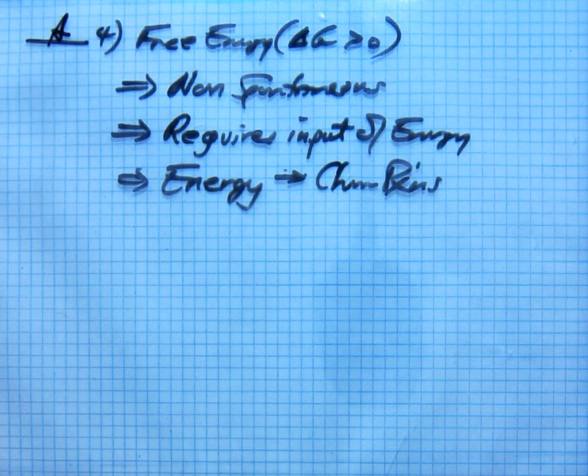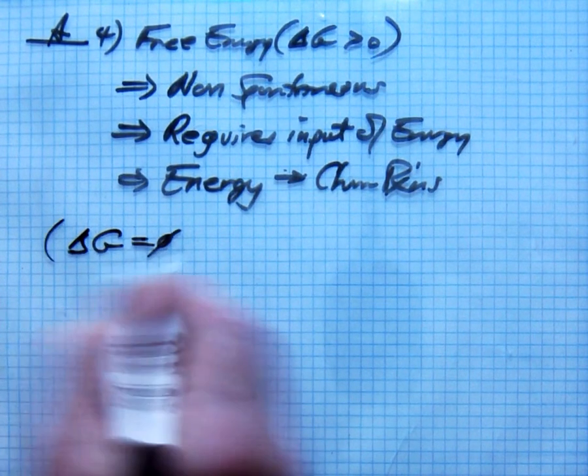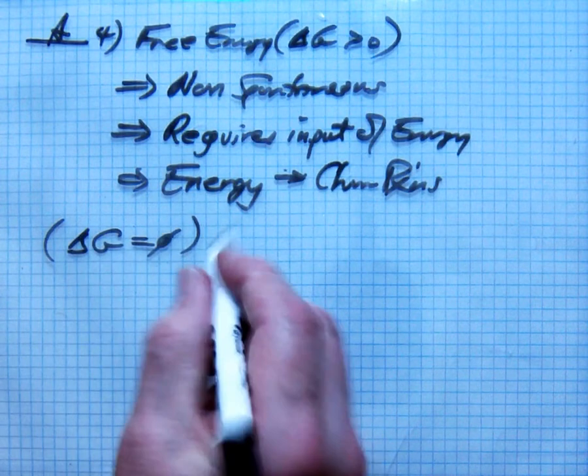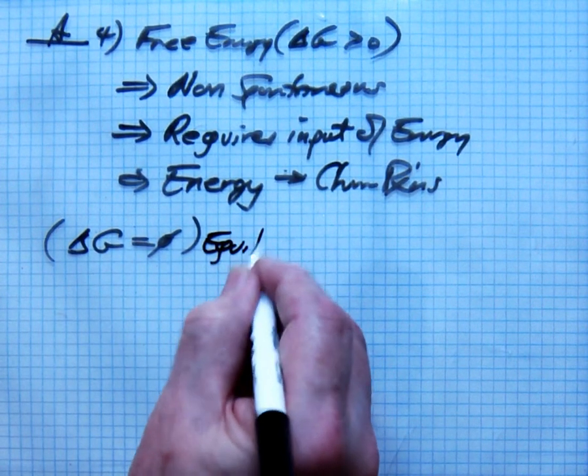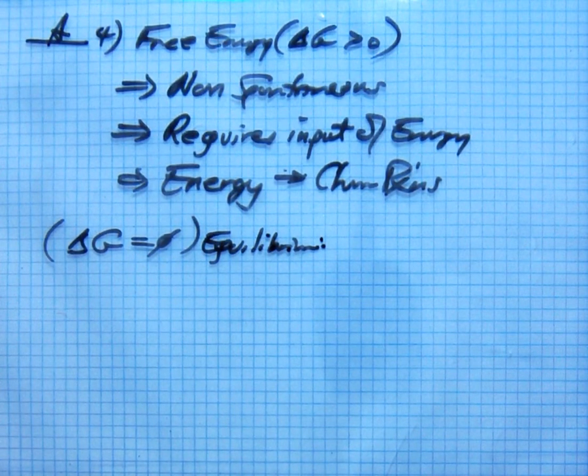What if delta G is equal to 0? What kind of condition does that define? Anybody? Equilibrium? That's right. Now we'll look at that in the galvanic process in terms of what we call determining standard cells.